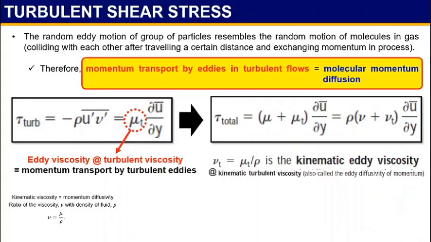We can also rewrite this equation in terms of kinematic eddy viscosity, where you replace it with mu over rho, times mu plus mu t. This is the kinematic eddy viscosity or kinematic turbulent viscosity, also called the eddy diffusivity of momentum. So if the question asks about molecular momentum diffusion, you know which one to use, either eddy viscosity or kinematic eddy viscosity.